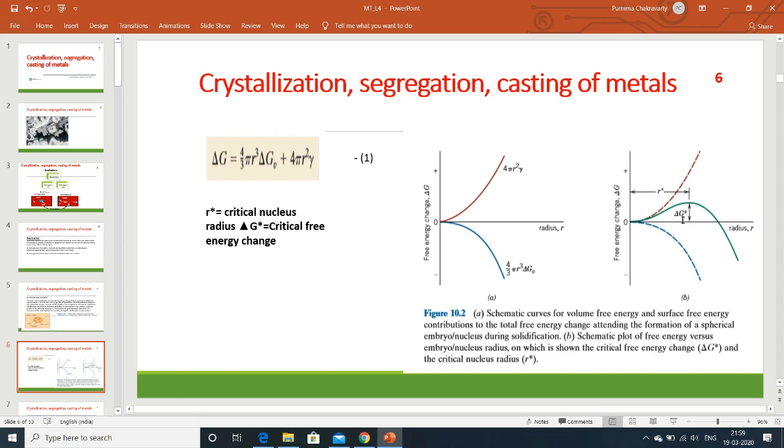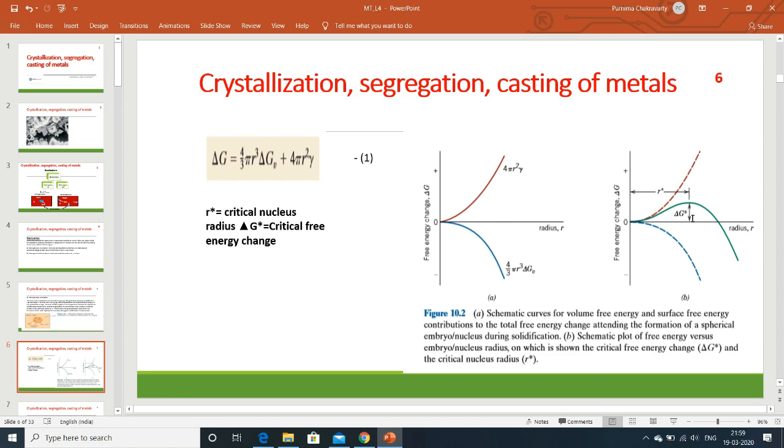On the other hand, it means that a cluster of radius less than r star, or the critical radius, will shrink and dissolve in the liquid, and we will call it an embryo.